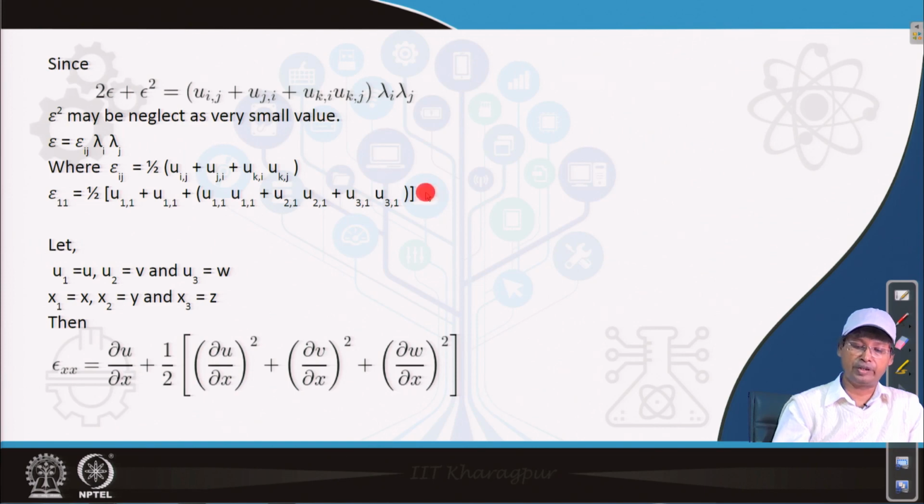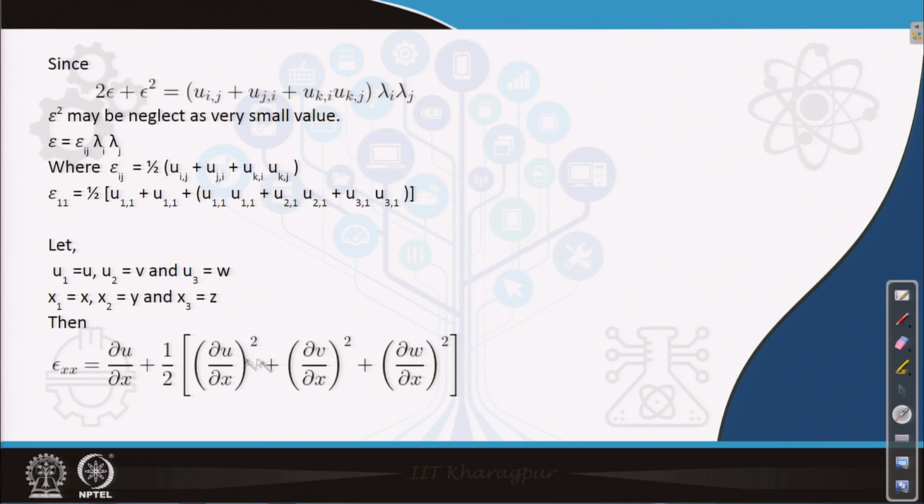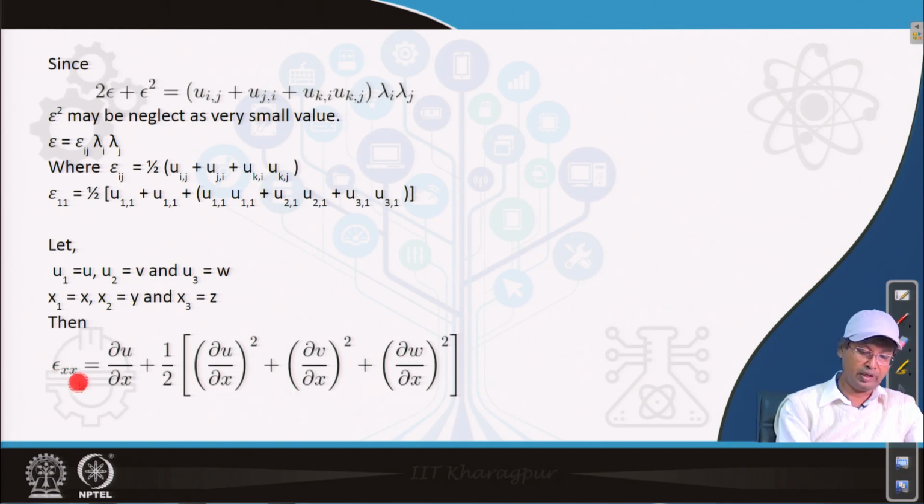So, it is in index notation 1, 2, 3; in Cartesian notation or x y z notation, u v w are the displacement fields, and derivatives are taken with respect to x.